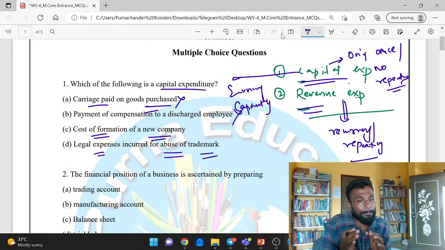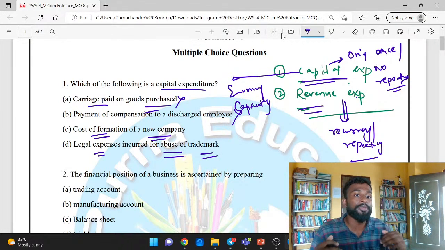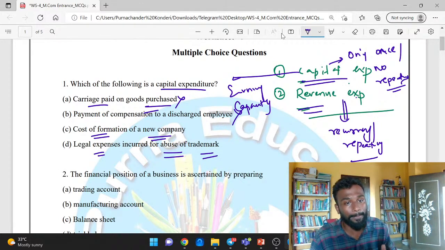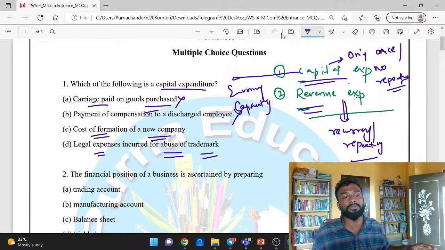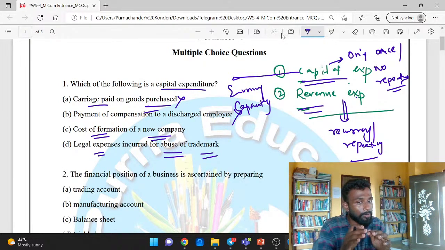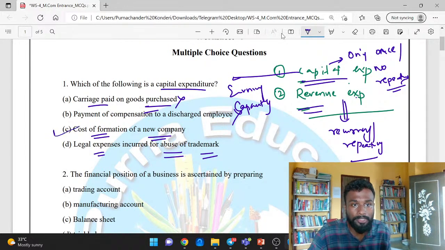The legal expenses we pay for trademark abuse are generally a course of business, so they are nowhere considered for capital expenditure. So the correct answer is option C, cost of formation of a new company.